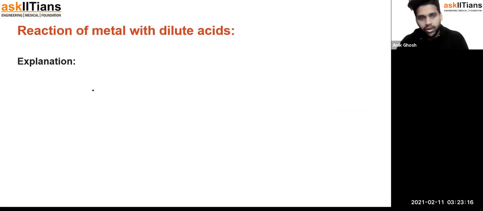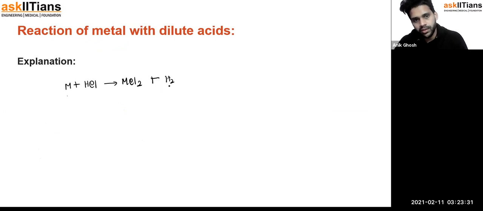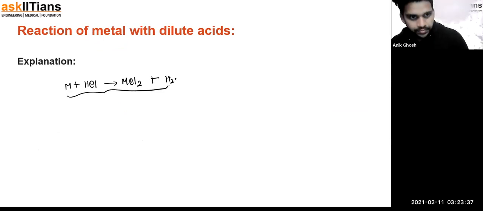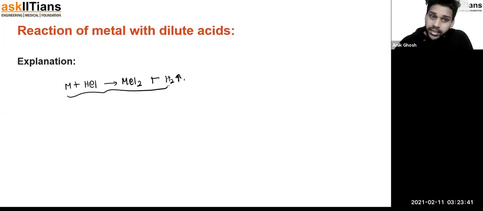Now, the next thing is we are going to react metals with dilute acids. So if I take HCl as an example, I'm going to get a metal salt plus hydrogen. Okay, so this is what is going to happen. Now the thing is, this reaction you can see over here happens only with HCl.